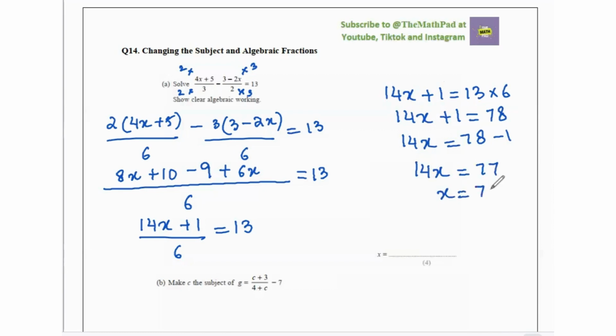And x equals 77 divided by 14, which is 11 over 2. That is your value of x. You can also write it as a decimal, which is 5.5. That's your final answer.